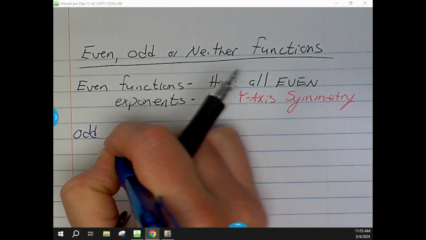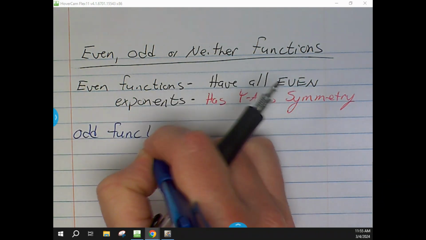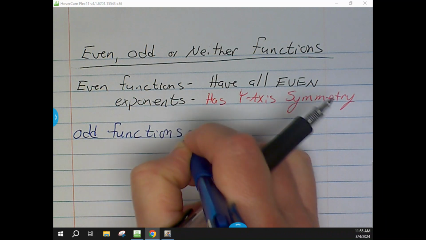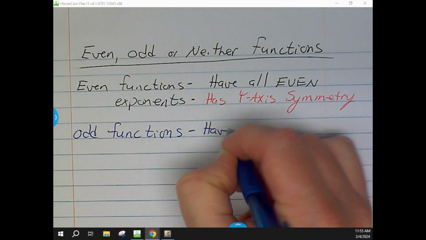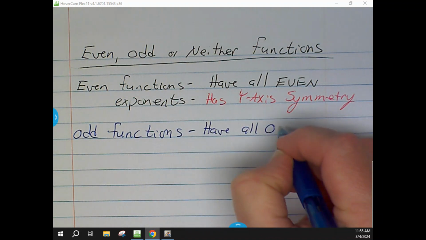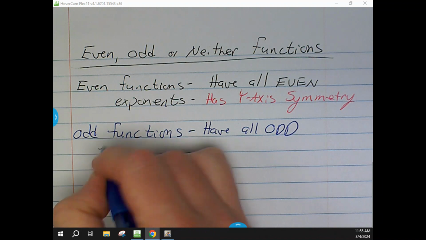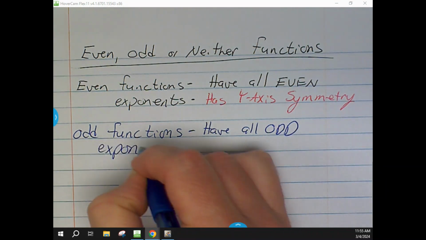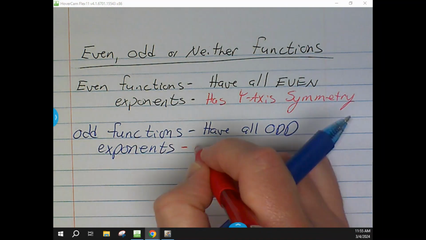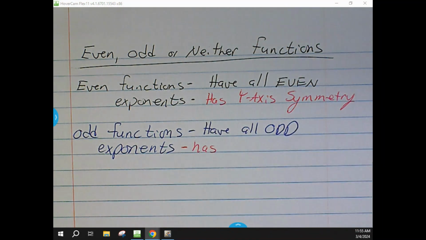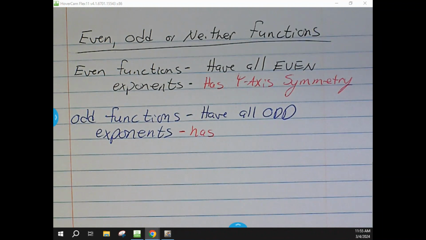Okay. Odd functions sound like what you think it would sound like. They have all odd exponents. Okay, and the symmetry on this one's a little, it's not as easy to say as y-axis symmetry.